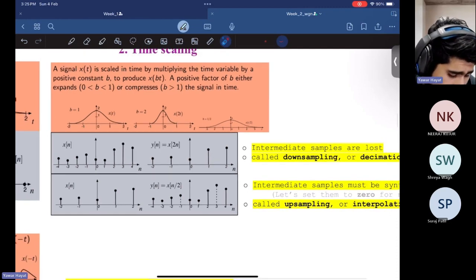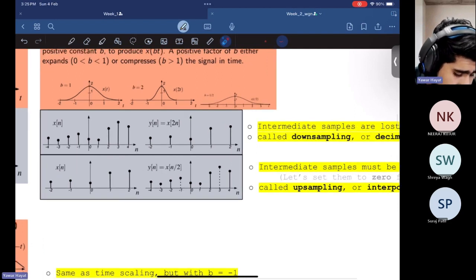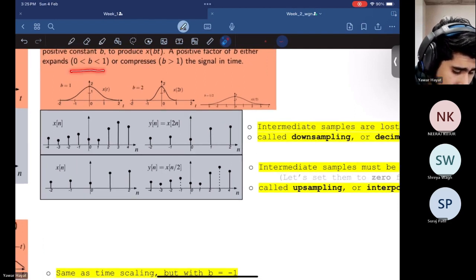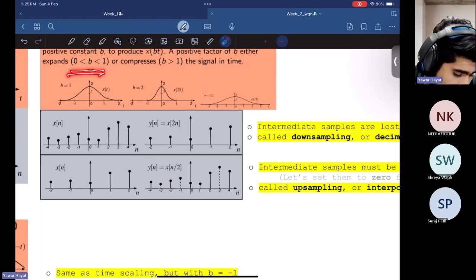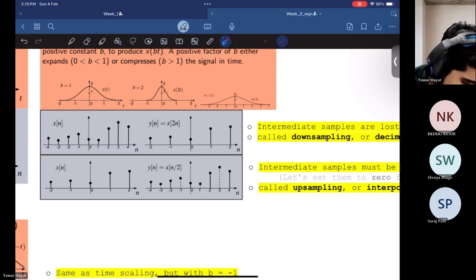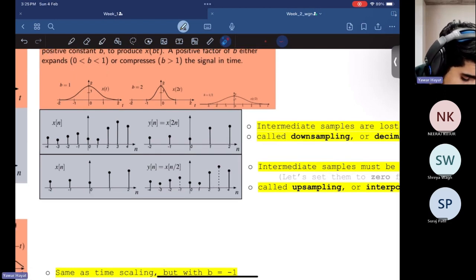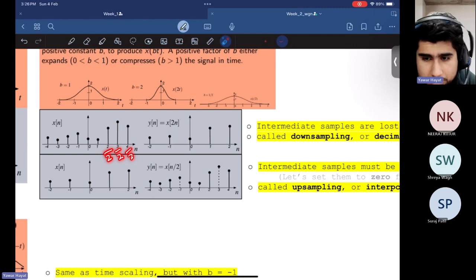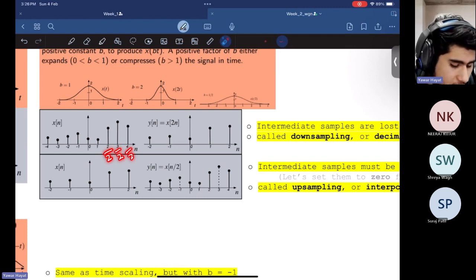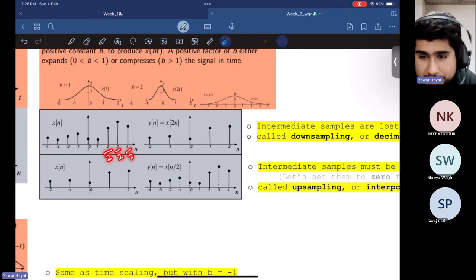Now the other case, when this b is between 0 and 1. What we did in the previous case was divide by 2, and then look out for the integer values and make a statement that only those samples would exist.